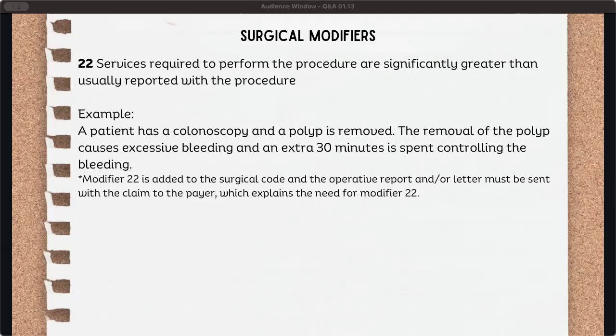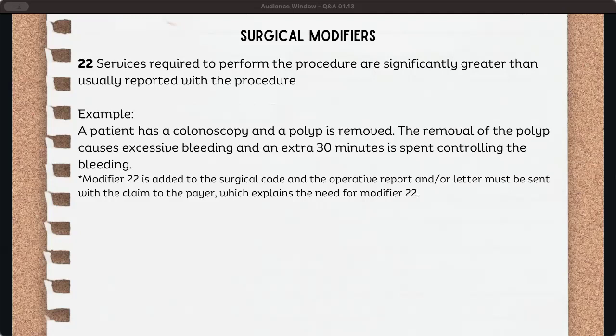Okay. So if that's the case, we want to make sure that it's documented if there were any complications, any extensive work that was done. Again, if the patient's condition required that it took longer to perform the procedure.